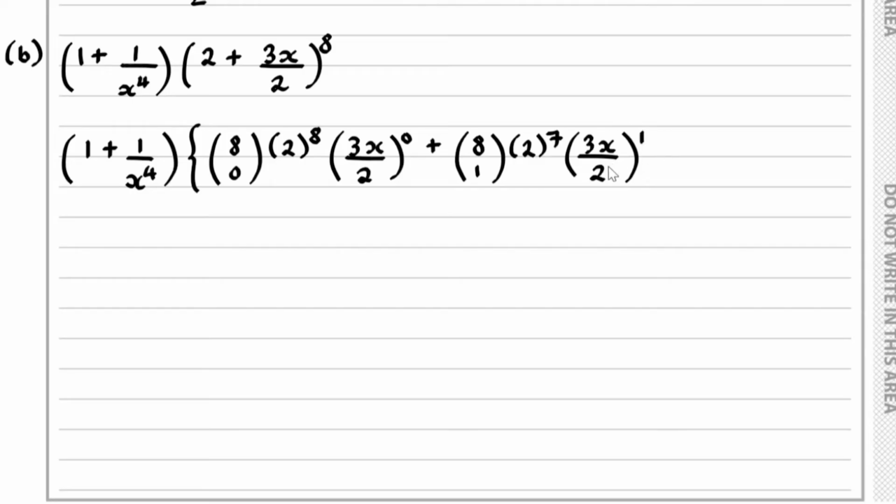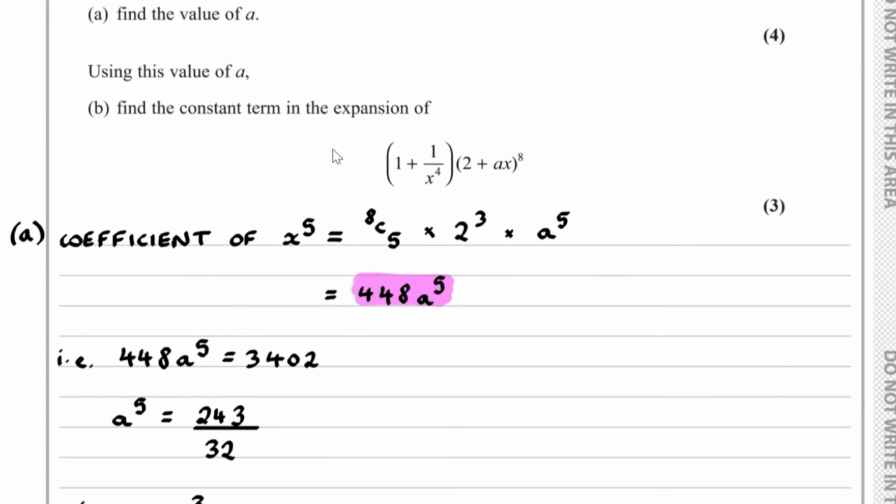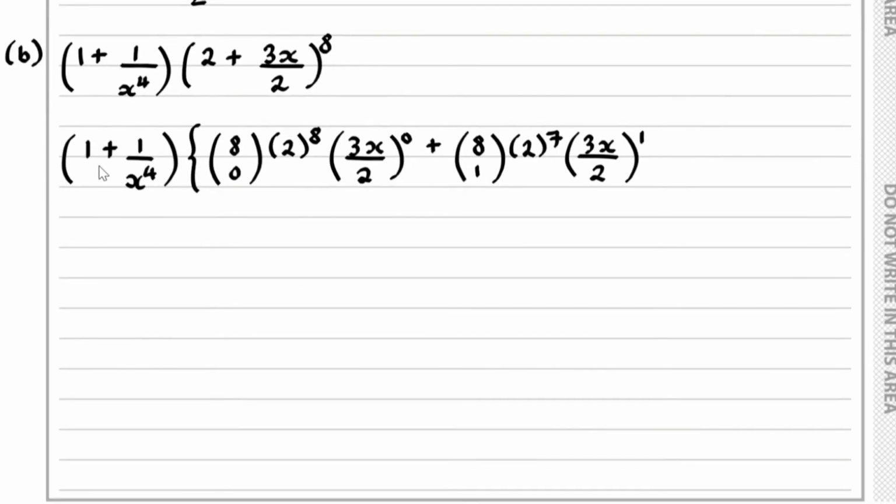Now, the question is, when do we exactly stop? We could write out the full expansion, but what we need to do is find the constant term. Here, the 1 times the result here will give a constant term, but then we've got this 1 over x to the 4, and if I multiply that by something involving an x to the 4 in the numerator, those will cancel out to give a constant term.